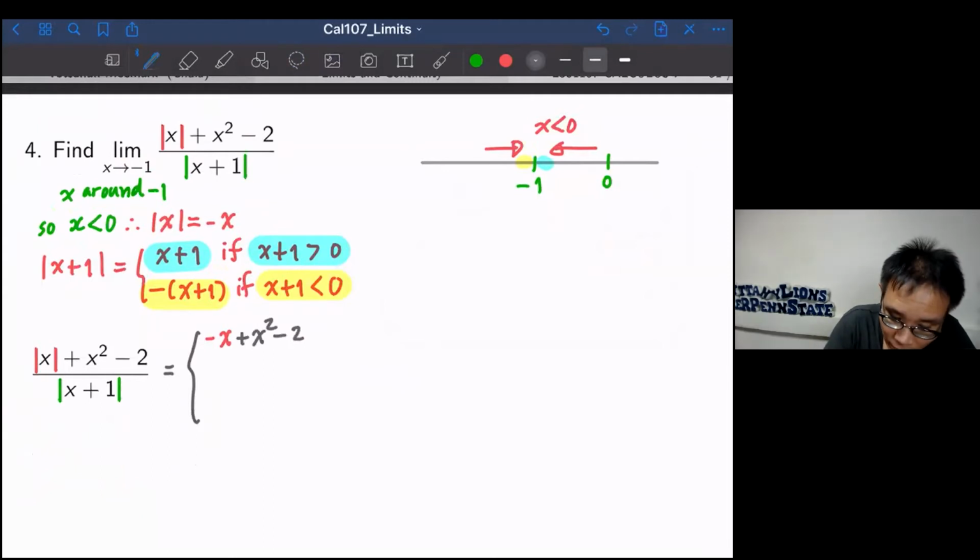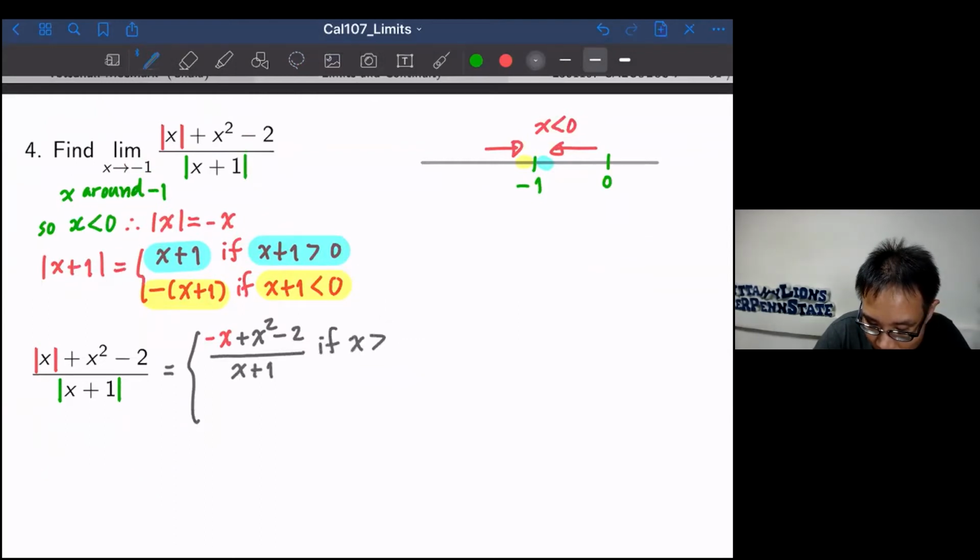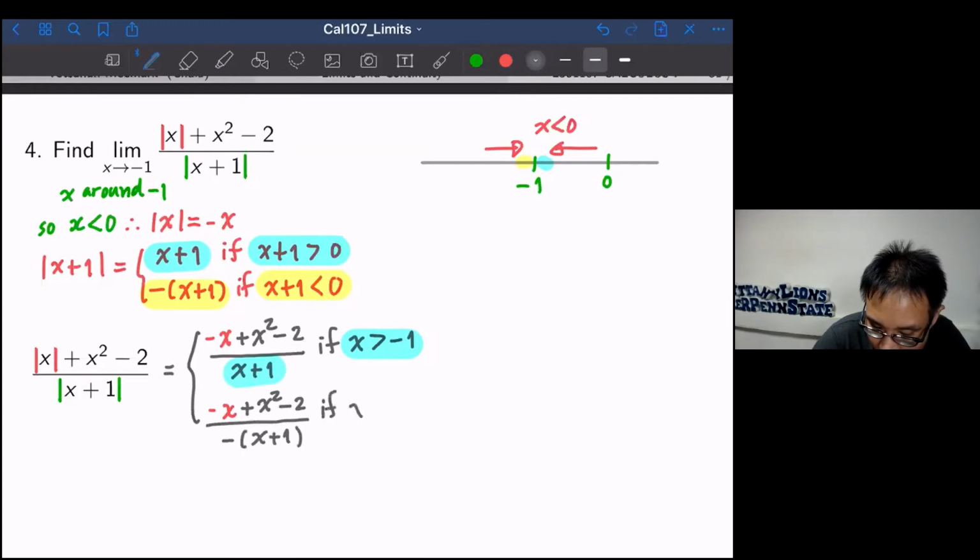You are in the blue case, so you have x plus 1 if x is more than -1. And you have -x plus x squared minus 2 over minus x plus 1 if x is less than -1. And this one is the yellow case.